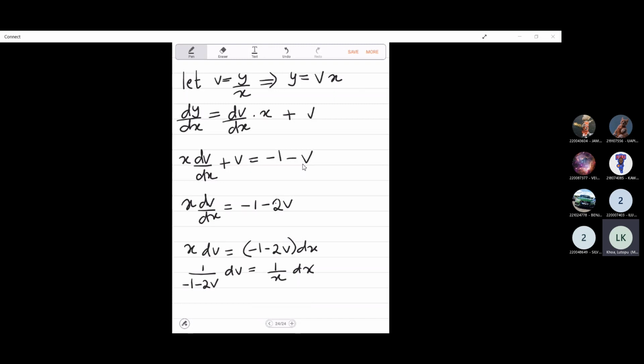So I have 1 over (1 plus 2v) dv equal to minus 1 over x dx. I think integrating -1 over x is easier than integrating that. Not much easier, but you could still have just integrated it like that. It doesn't really make much of a difference. Having done that, we have now separated our variables, and we can proceed to integrate.